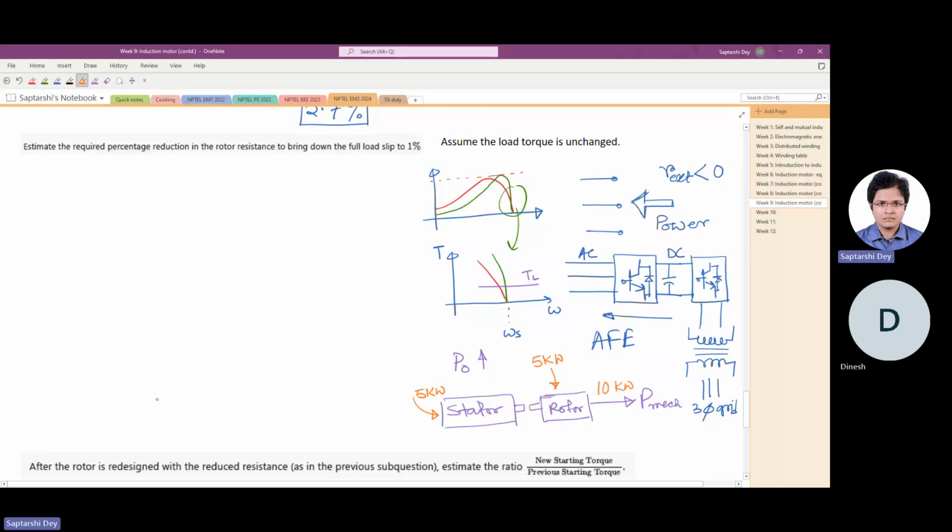Is it not possible? Now one doubt might be coming up here, that the rotor is now handling 10 kilowatt of power. One question might be coming up, but you see here one thing.